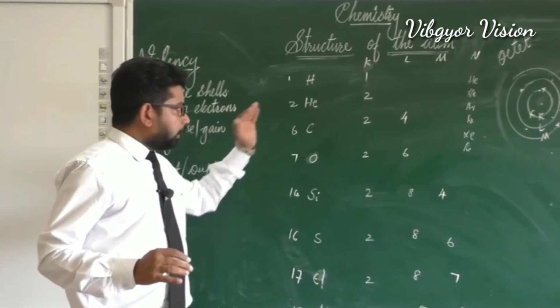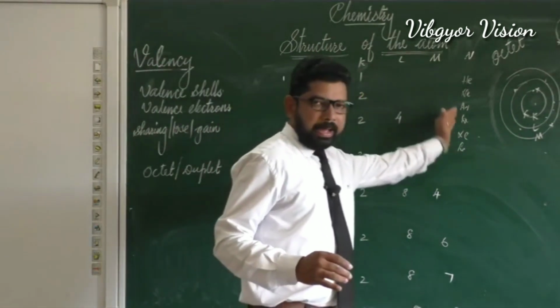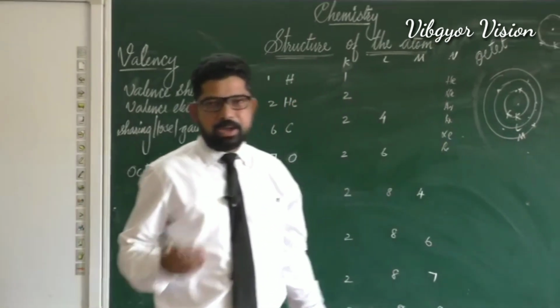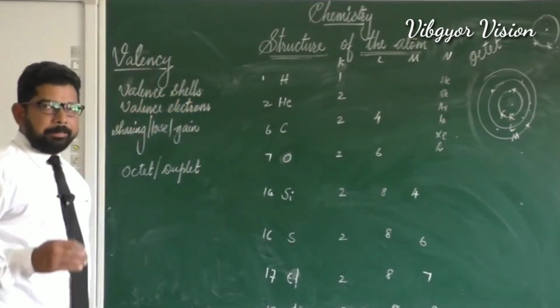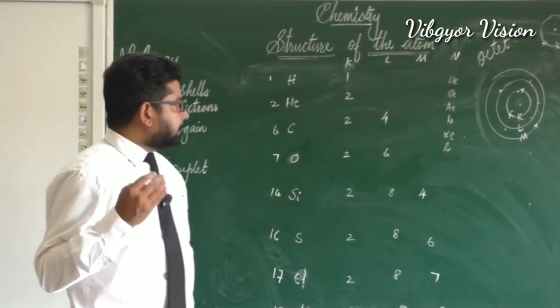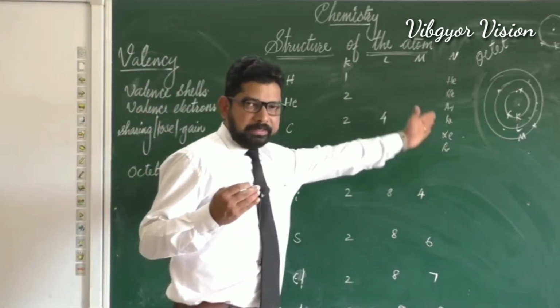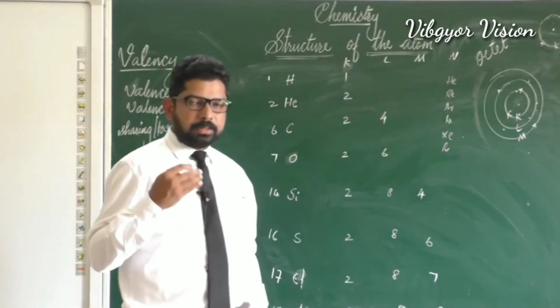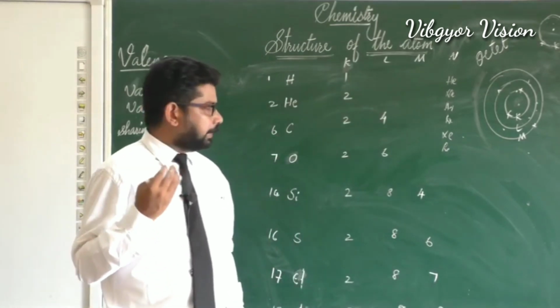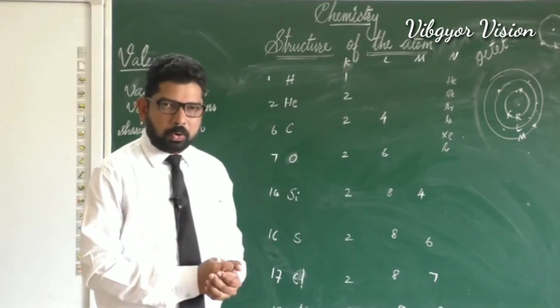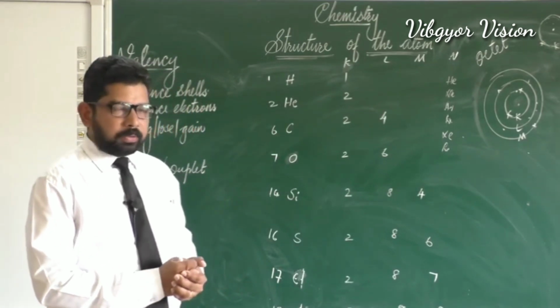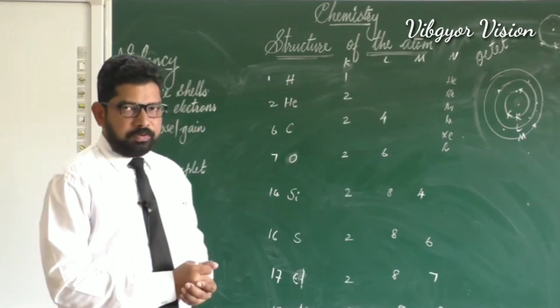We said that only these few elements have high stability. The remaining elements try to get stability by getting the electronic configuration of these elements. That means they are trying to get 8 electrons in their outermost shell, the octet configuration.